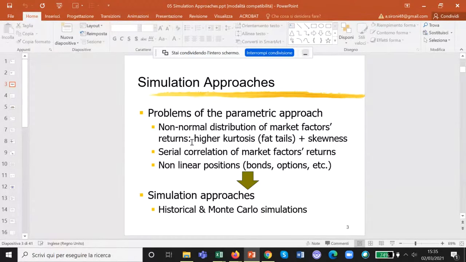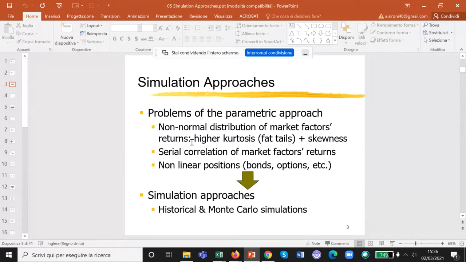We'll see that nonlinear positions, as I mentioned already, are addressed through full valuation, i.e. revaluing the risk positions based on the new simulated risk factor values, okay? So in this respect, that is the way they address this problem. The way they address the other problems can be different in different approaches.